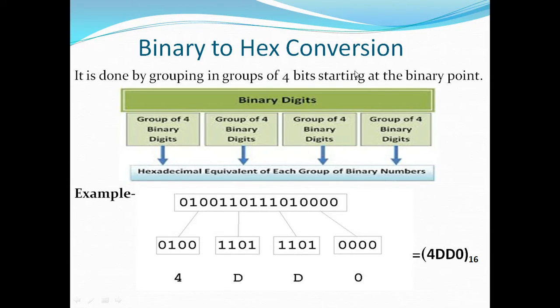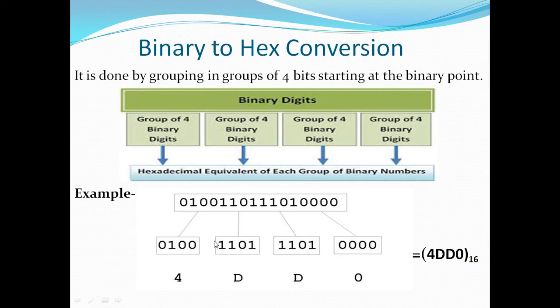Now next is binary to hexadecimal conversion. In this case, the binary digits, whatever we have, we will start making groups of 4 bits. When we were doing binary to octal, we were making groups of 3. But in case of hexadecimal, we'll make groups of 4. Suppose this is the number. What we'll do, we'll make groups of 4. This is the first group, then second, then third, then fourth.